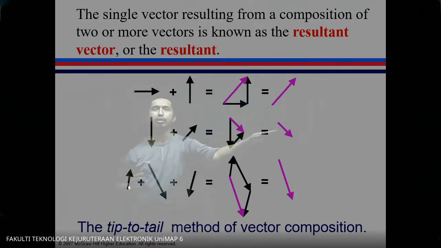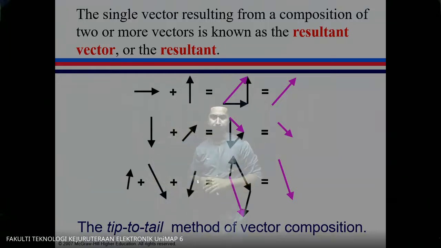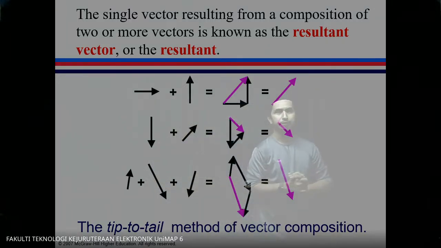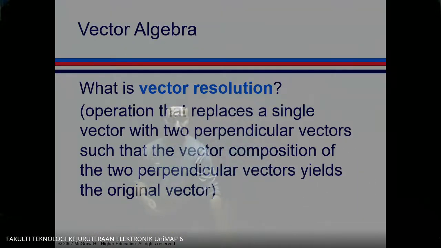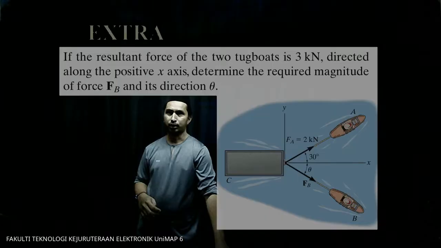You need to connect from the starting point until the end of the two arrows. We start from here to here. This is our starting point, the tail of the first arrow. Then we go to the last point of that arrow. Okay, vector resolution.